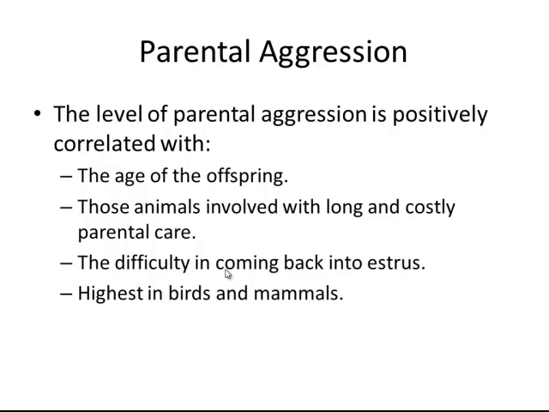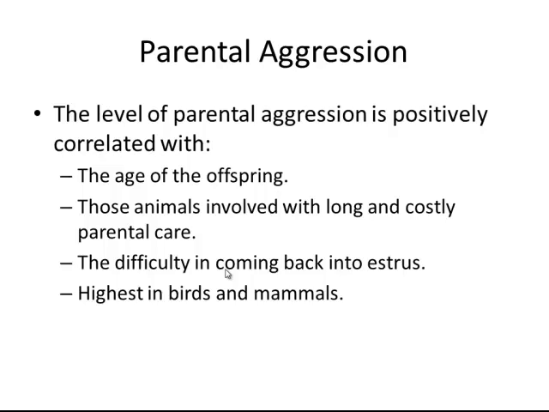Let me give you an example. Let's say a rat has some pups and a predator comes in, and the rat has just had the pups. The pups aren't that old. She will show less aggression towards protecting those pups than if the pups are, let's say, 10 days old or 20 days old or 40 days old. The idea here is the animal has put a lot of resources into raising these young.